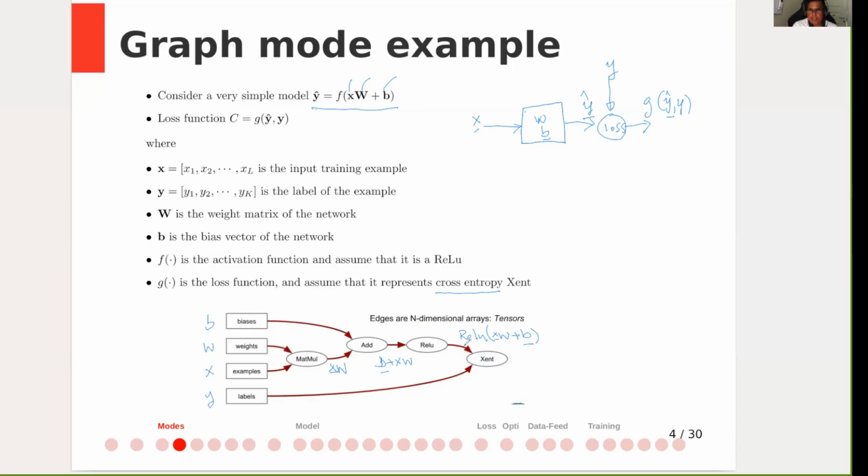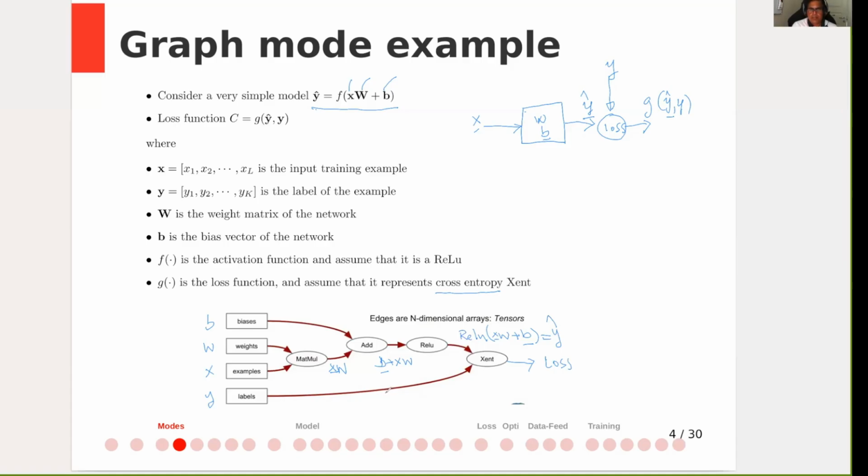That is the model output, y hat. And then you have the labels, and the labels are compared with y hat using the cross entropy function. So you finally get the loss. So this is the computational graph of this simple model.